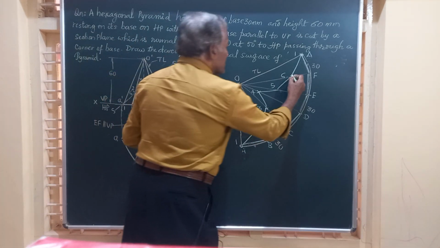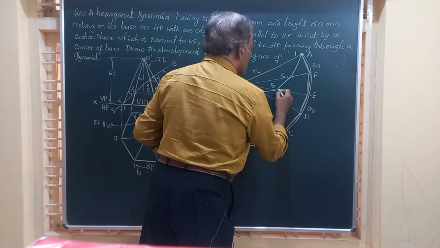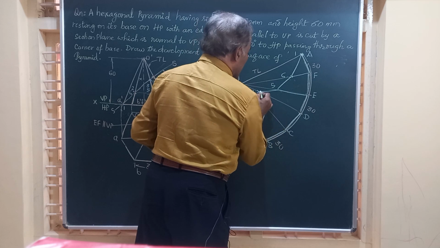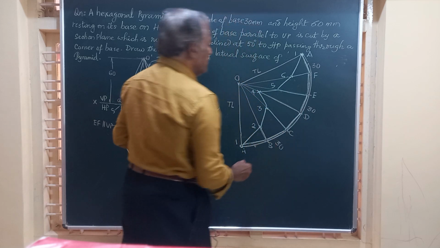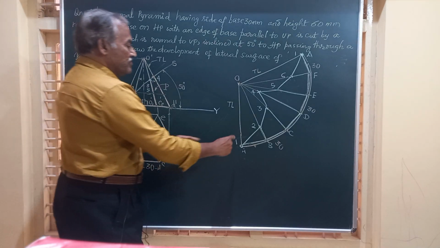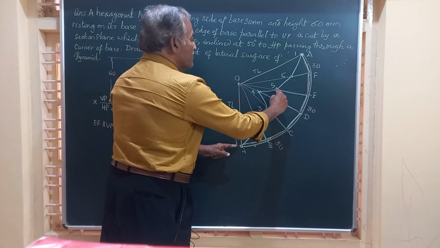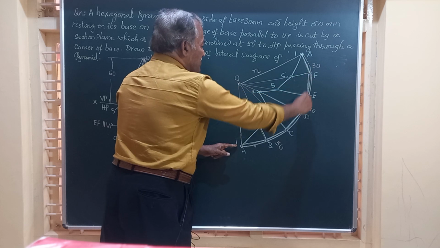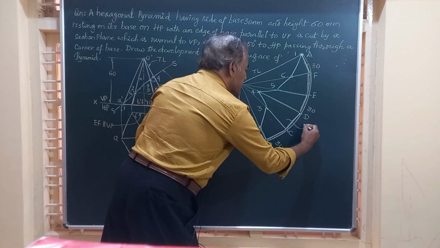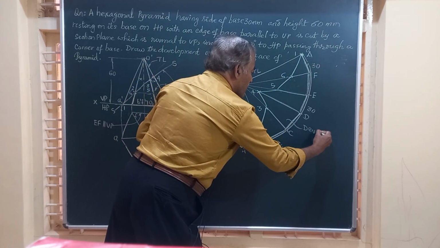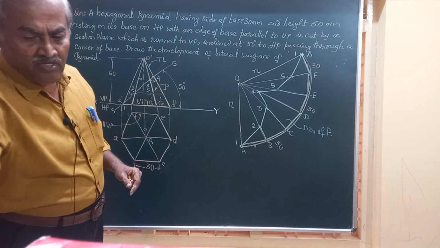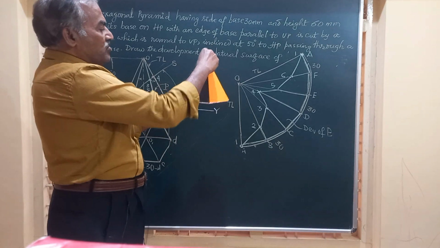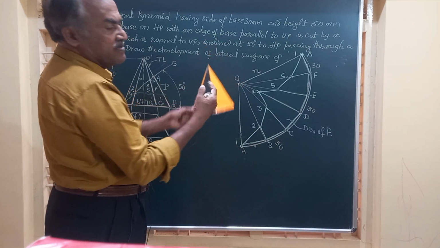So these portions are also retained, to be shown by dark or visible line. So friends, this portion 1, 2, 3, 4, 5, 6, 7 with this base will represent the development of the lateral surface of the lower part of the pyramid.